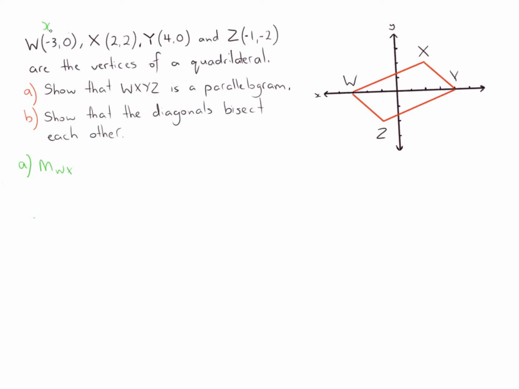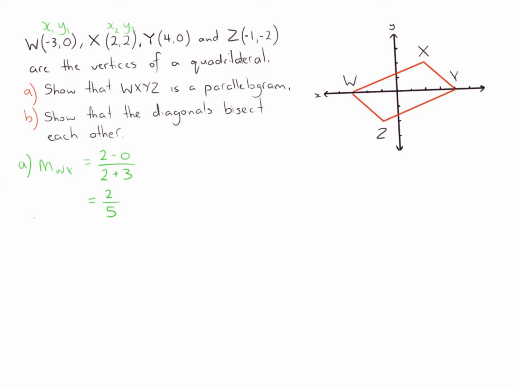W can be our first point, (x1, y1), and X can be (x2, y2). Gradient is y2 minus y1, so that's 2 minus 0, over x2 minus x1, so that's 2 take away -3, so that becomes a plus, and we get 2/5.